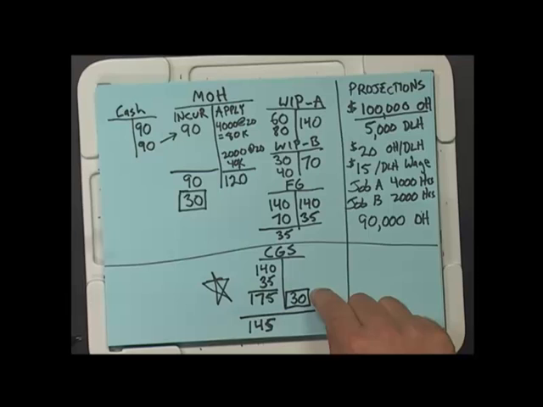As we get later into the course, we're going to find that we can use this adjustment as a very powerful tool to highlight deviations from our original projections and get them onto the income statement as soon as possible, where they have much more impact on managers.